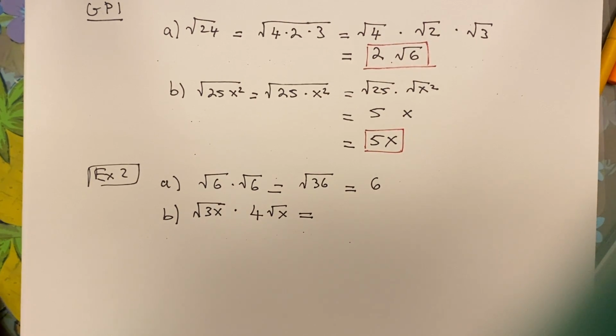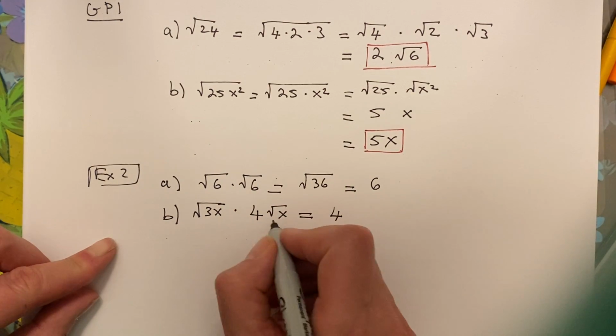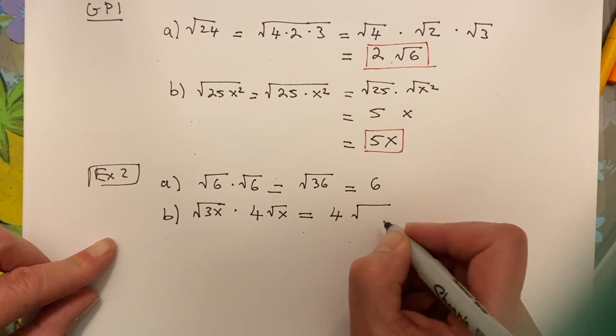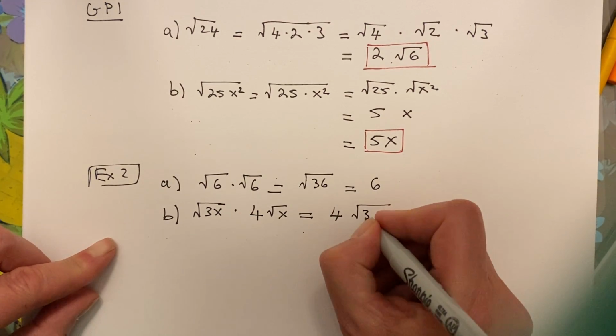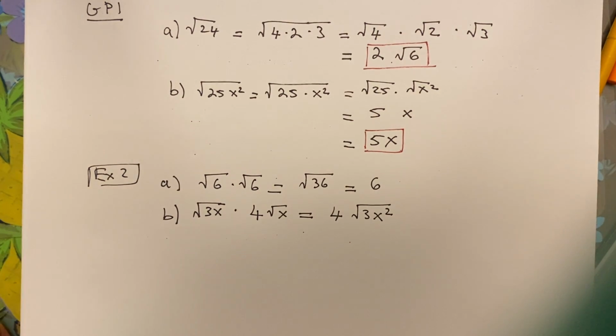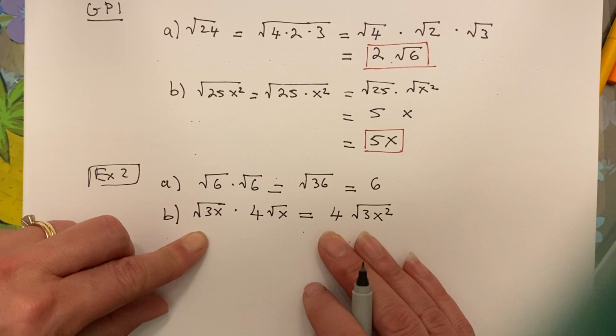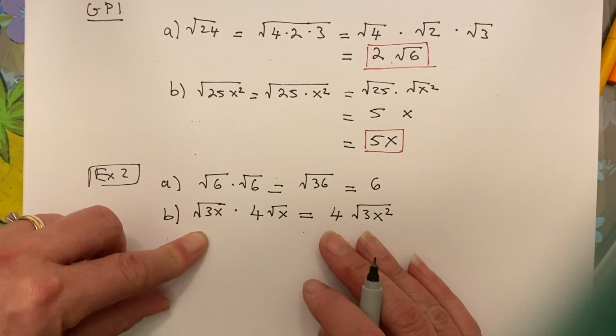Well, 4 is already outside the radical, so there's no need to do anything with that. We're just going to let that be. But the rest can be combined inside the radical. So we'll have 3, and then we have x squared. So now that we've multiplied these together, and we've ended up with 4 square root of 3x squared, we now look, can we simplify this?